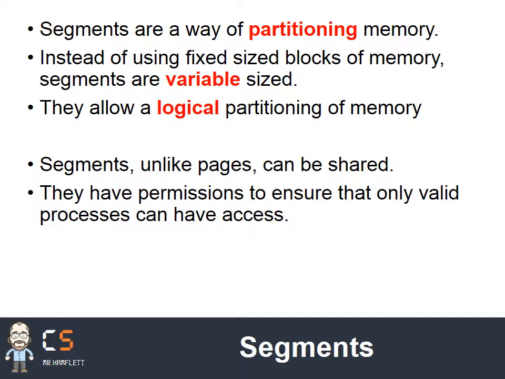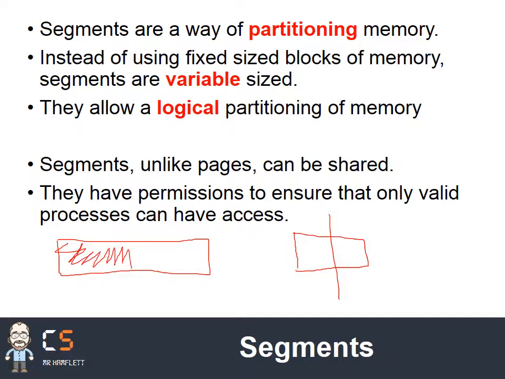So if I, for example, had memory like so, and I had a process which needs this amount of memory, instead of splitting it into 2 like paging would do, I would just shade it in and put it straight into memory without doing any further splits.